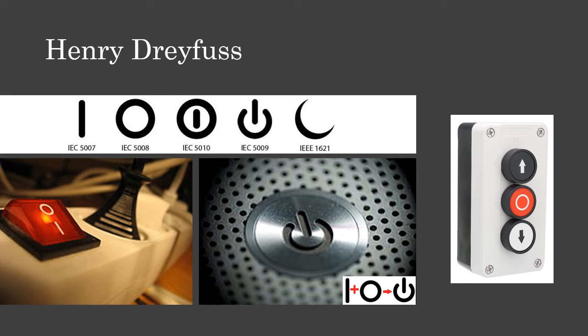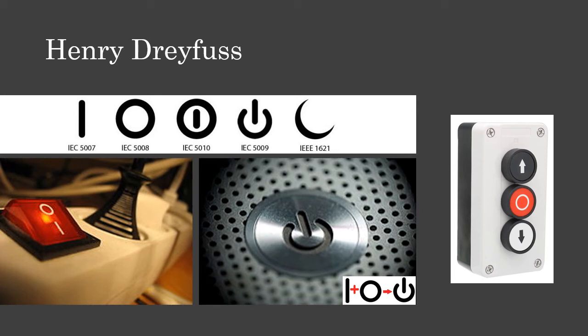And then if you've ever thought about the power button on your computer, the second picture, that is supposedly the on and the off imagery together to create that new visual, which means the one button turns things both on and off. So that's kind of cool, right?